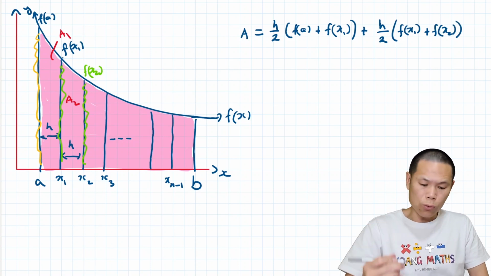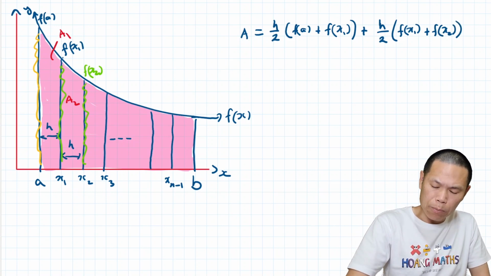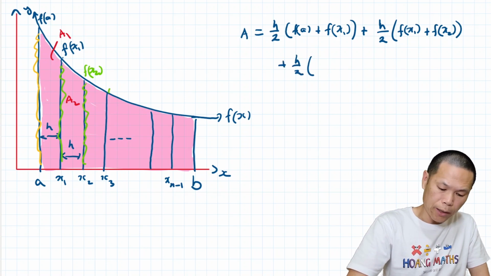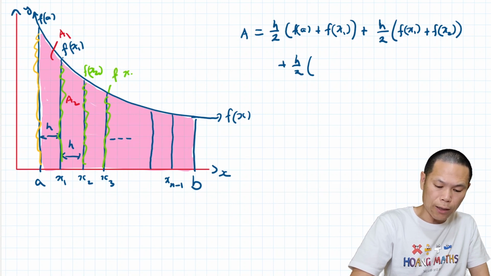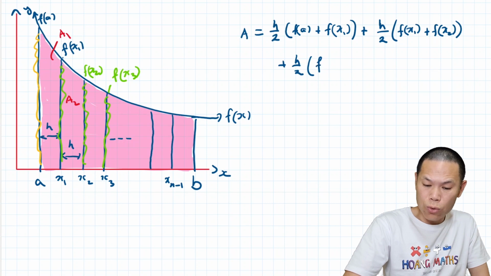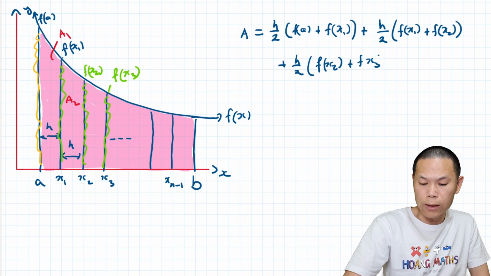The next one, the same rule applies: h over 2, and this length from here to here is f of x3, so f of x2 plus f of x3.